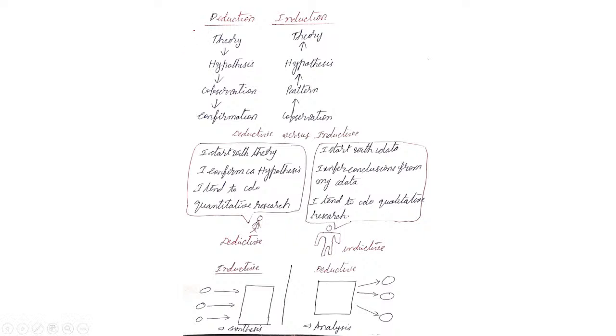Next, please listen carefully. Here also we can find the difference. Generally, in deductive reasoning, initially we take a theory, and from that theory we make a hypothesis, and from that hypothesis we do observation. Finally, we confirm that theory.